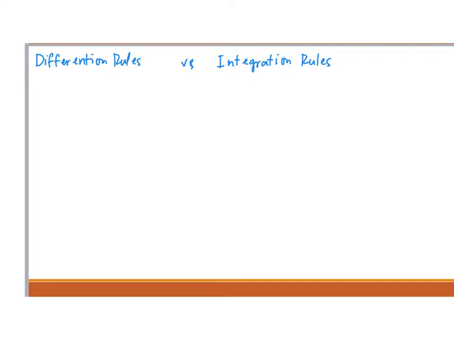When we studied differentiation, the first rule that we learned is called the power rule, which goes: the derivative with respect to x of x to the power of n is equal to nx to the power of n minus 1. The opposite process will then be the integral with respect to x of x to the power of n. And to get the answer, we do the opposite process.